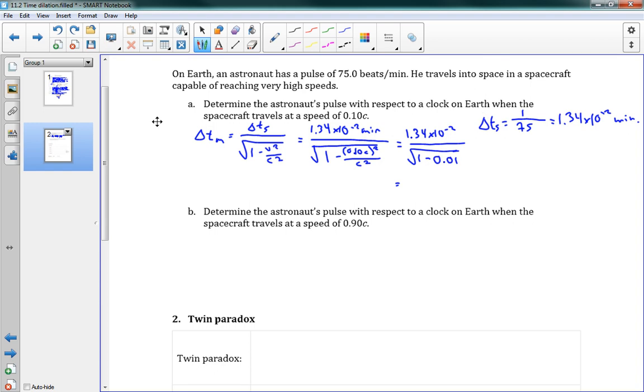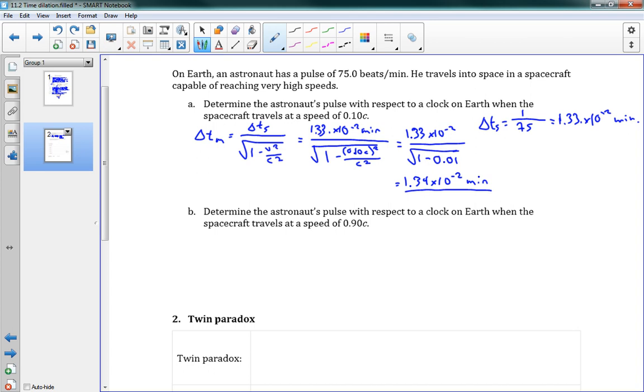I'm sorry, I did make a bit of a mistake here. So delta Ts was 1.33, which means that here I also need to have used 1.33, and here 1.33, and that gives us an answer of 1.34 times 10 to the negative 2. So, sorry about that mistake. So that's how many minutes it takes for 1 beat.